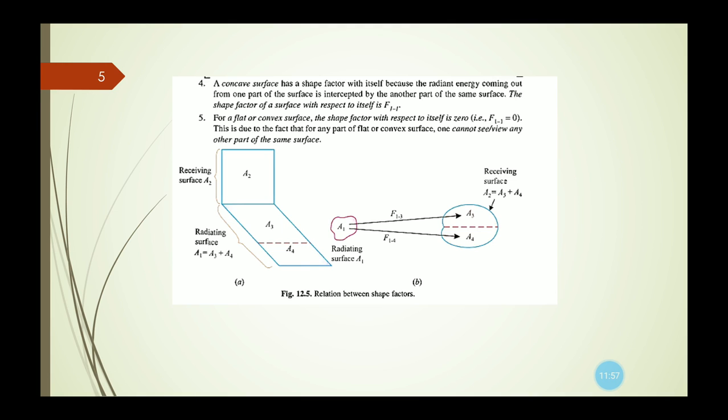That means F11 is 0. The reason is that from any part of a flat or convex surface, one cannot see or view any other part of the same surface. For that reason, the shape factor of a flat or convex surface with respect to itself is 0.